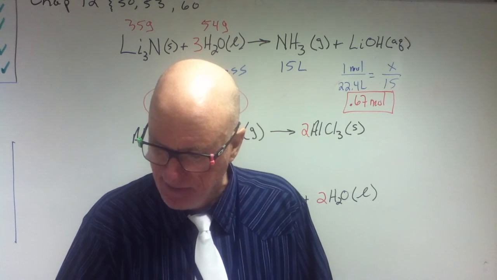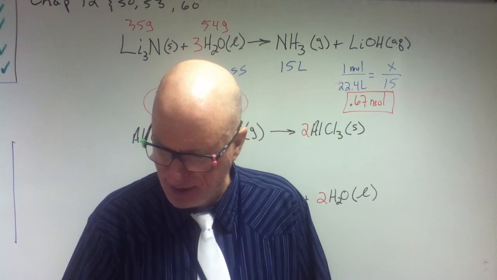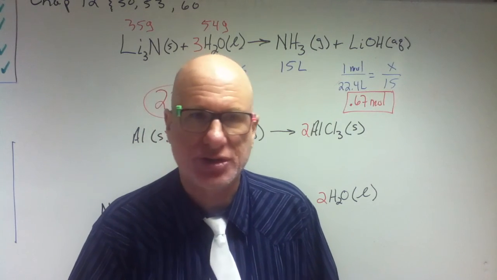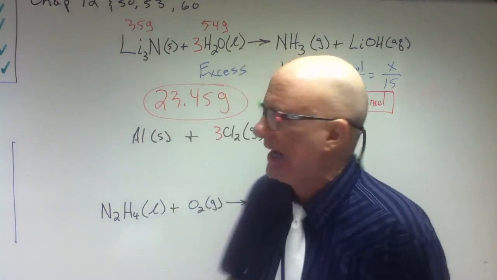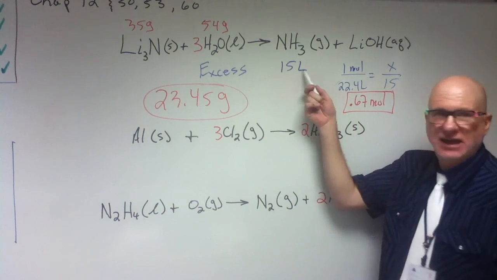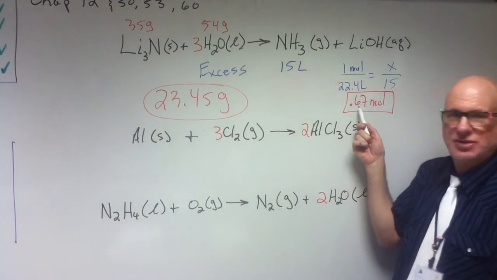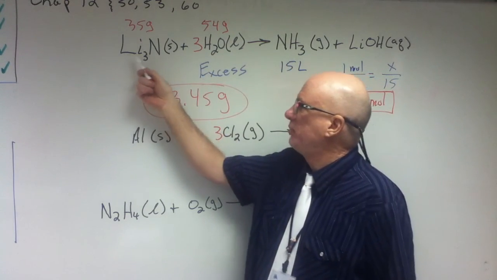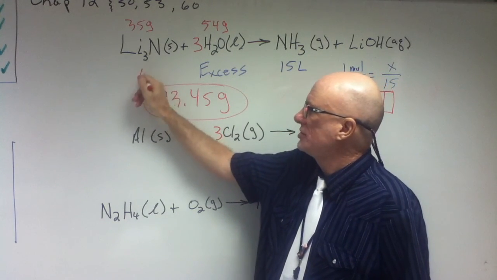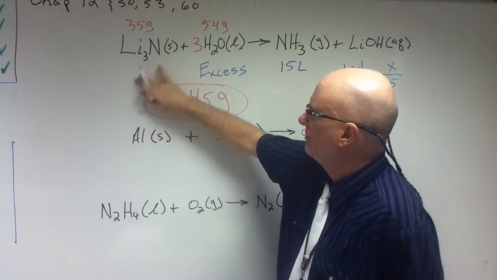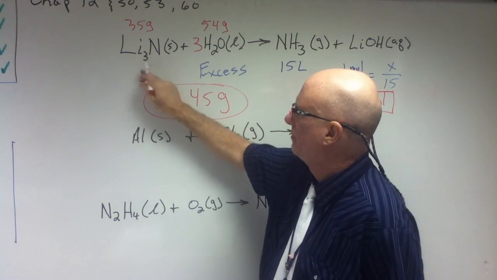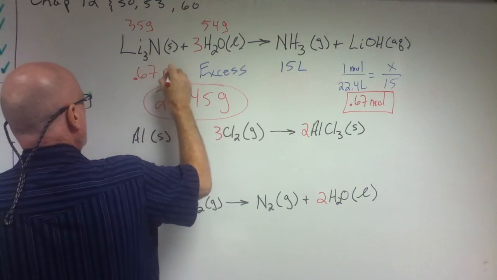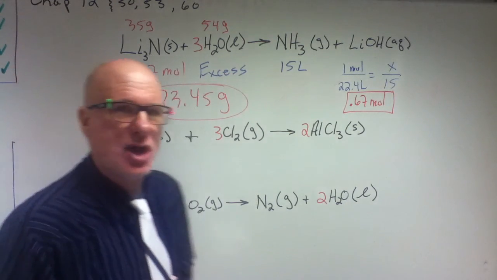It says, calculate the number of grams of lithium nitride that must be added to an excess of water to produce 15 liters of ammonia gas. I converted 15 liters of ammonia gas to moles, 0.67. The mole ratio is 1 to 1. Therefore, I have 0.67 moles of lithium nitride.